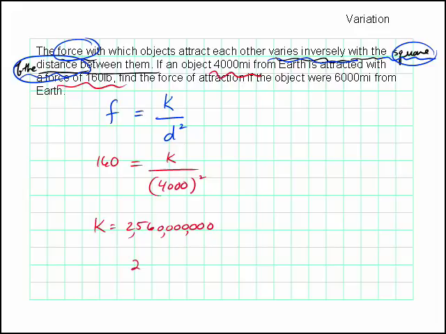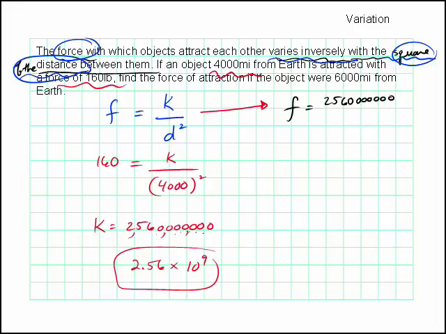If you recall scientific notation, you could write it as 2.56 times 10 to the 9th. But you don't have to. Well, that's what it is in scientific notation. Okay, so this equation is F equals k, 2,560,000,000, over d squared. That's a big variation constant.